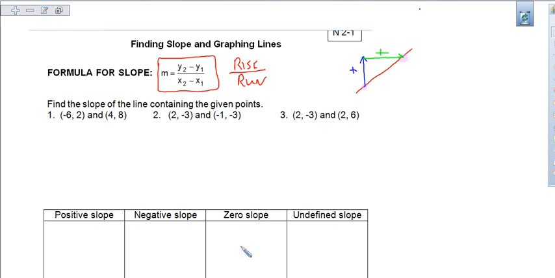And so the slope, we say, or the steepness of this, is just the rise divided by the run.